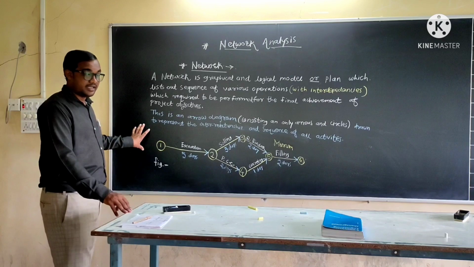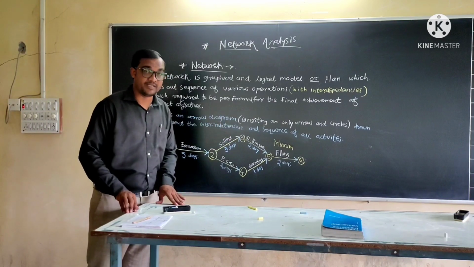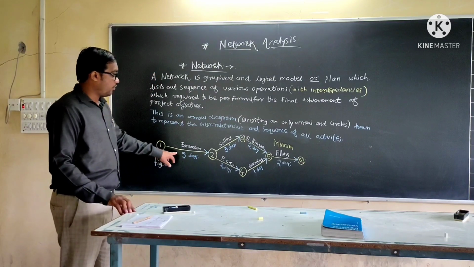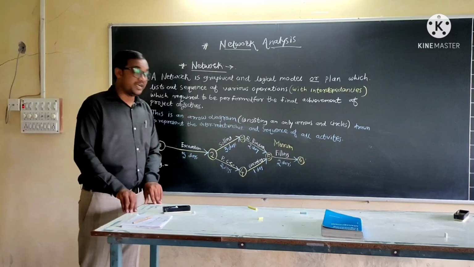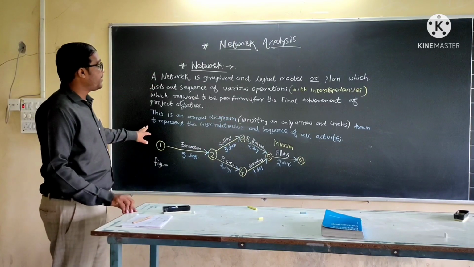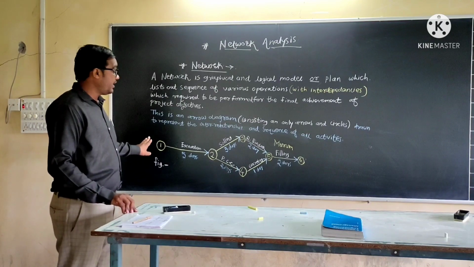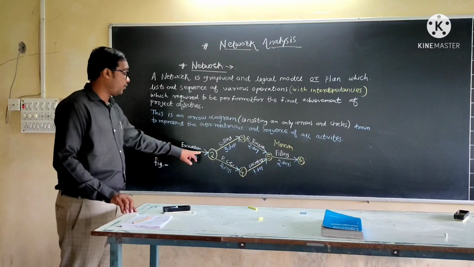It is also called an arrow diagram. This is an arrow diagram consisting of only arrows and circles. You can see in the figure circle and arrow, circle and arrow. So it consists of only arrows and circles drawn to represent the interrelationship and sequence of activities. First of all, excavation is shown by this arrow.